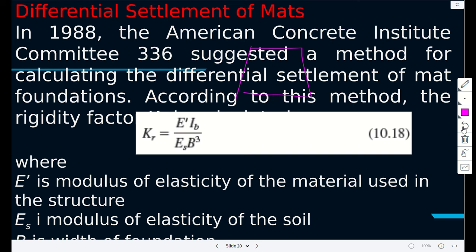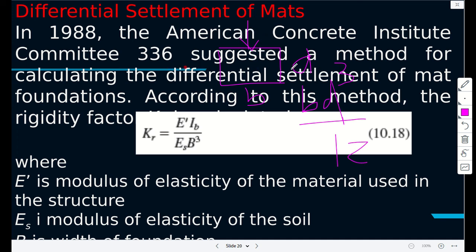You should be very good with this, that if you have a length like this, B, D, the I would be dBd cubed over 12. Of course, depending on how you're bending, if you're bending like that, then this is true.